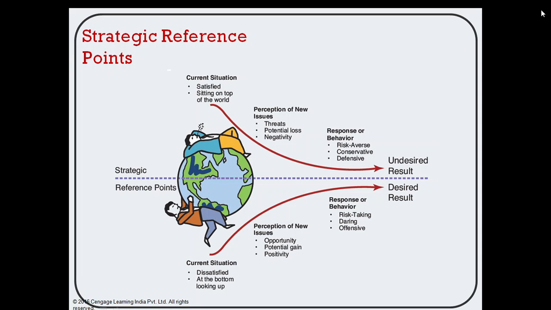That might be a huge risk on the part of the company, because it already enjoys a lion's share, a majority of the market share in passenger vehicles in India. And if they don't act swiftly in time, there could be a possibility of being left behind by competitors. Okay, so that's the perception of new issues, opportunity, potential gain, positivity, and then you respond, right?